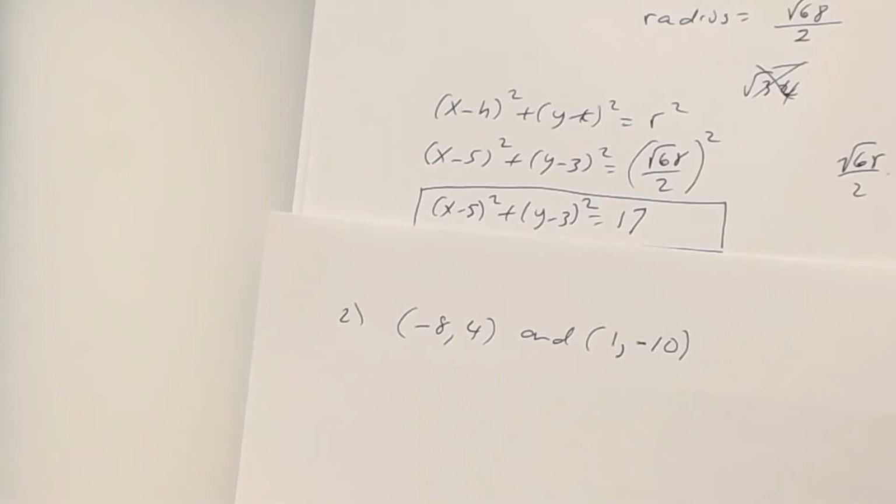So those are the endpoints of the diameter of a circle.